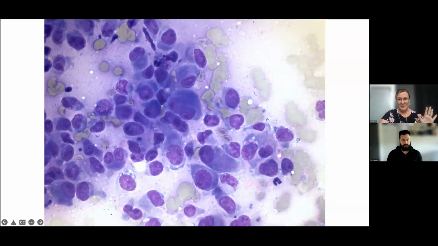I mean, they're all pretty big, but there's a variety of sizes, and that's not a good thing. We also have anisokaryosis, which is different size nuclei. So some nuclei are a little bit smaller and some are bigger. We also have binucleation. Here's a cell that has 2 nuclei. That's not normal. We also have prominent nucleoli, these big prominent nucleoli in these cells. That's another criteria for malignancy.